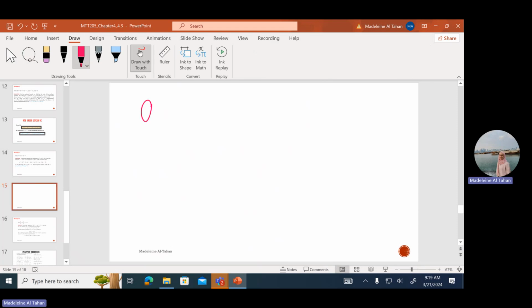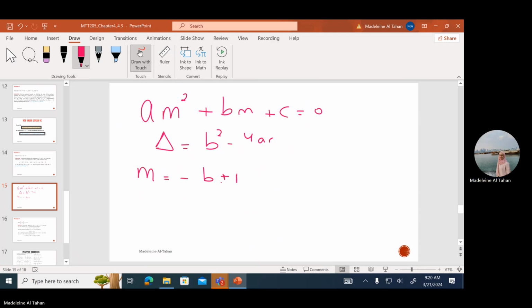If we have a m squared plus b m plus c equals 0, delta equals b squared minus 4ac. m1 equals minus b plus radical delta over 2a, and m2 is minus b minus radical delta over 2a.